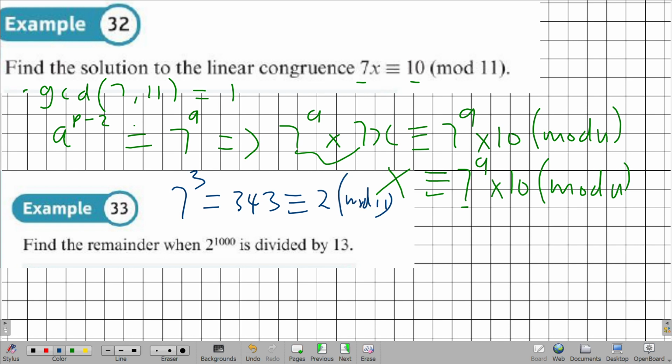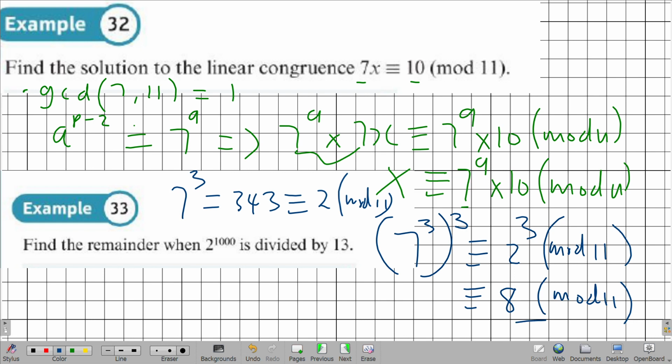Yes, that's the case. 7 to the power of 3 is the same as 2 mod 11. So if we want 7 to the power of 9, we raise to the power of 3, which is congruent to 2 to the power of 3 in mod 11. So that tells us that this is congruent to 8 in mod 11.